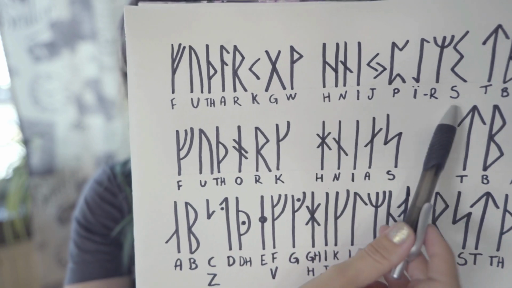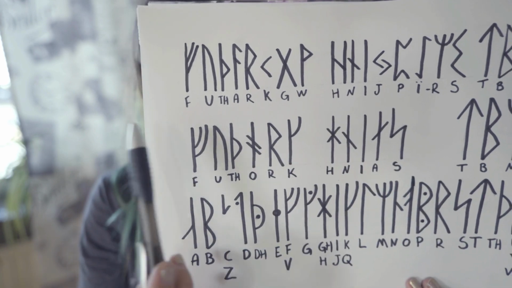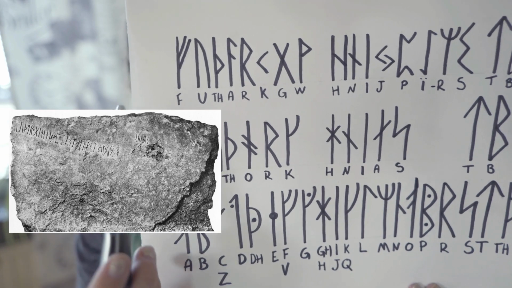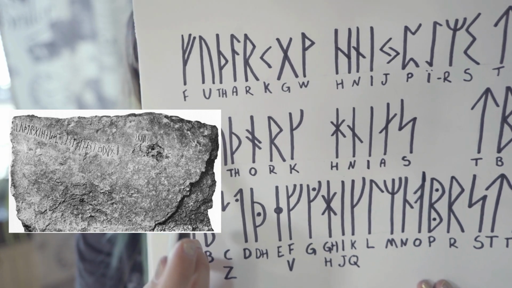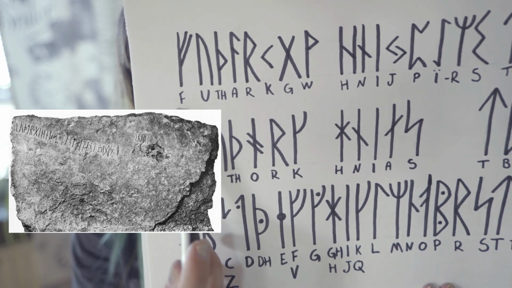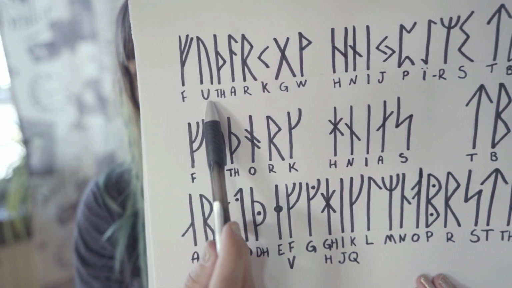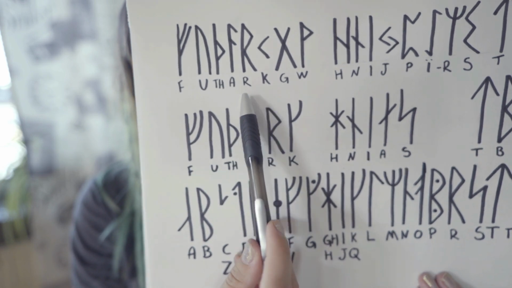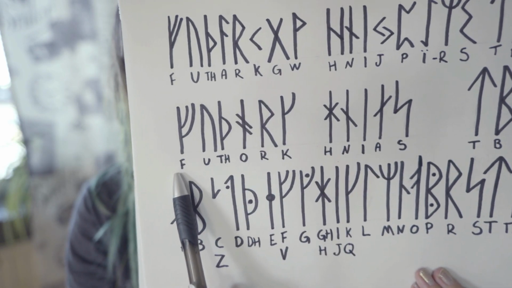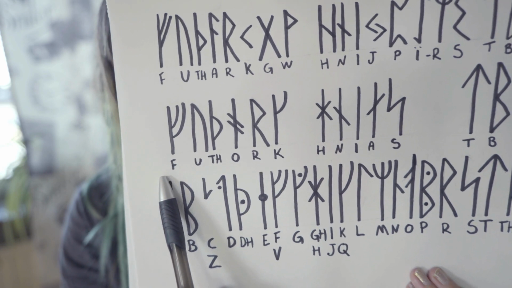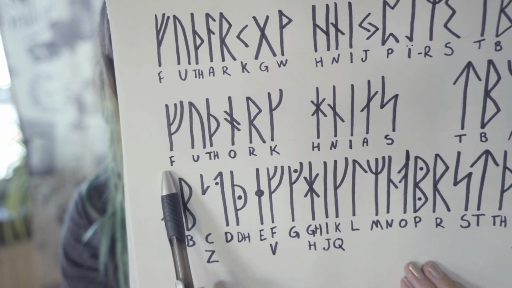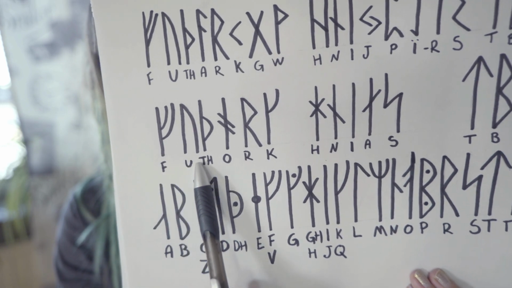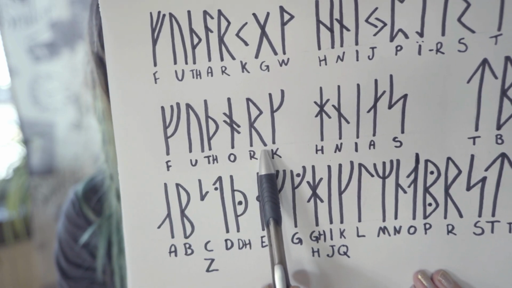So we have had ancient finds, the Kylver stone, for example, in Sweden, that is dated around the year 400 AD. The rune row starts with these runes, Futhark. And then we have found the rune row from the younger Futhark on several ancient leavings, and they also spell out Futhark in the beginning.